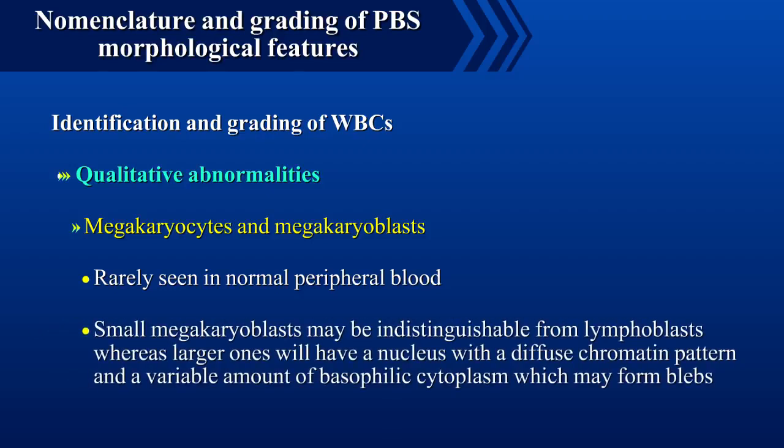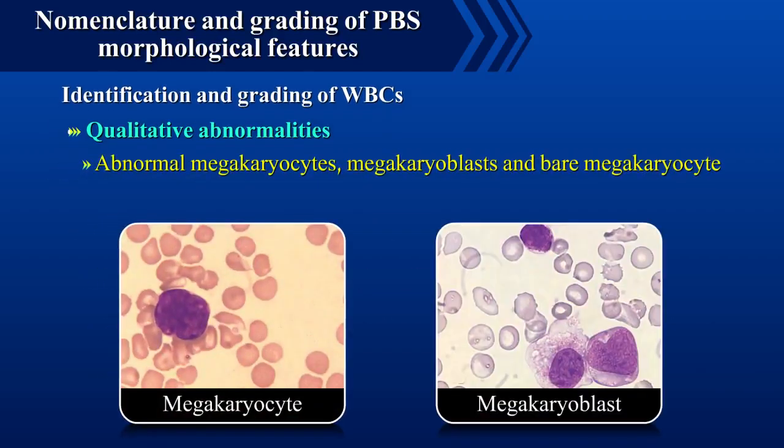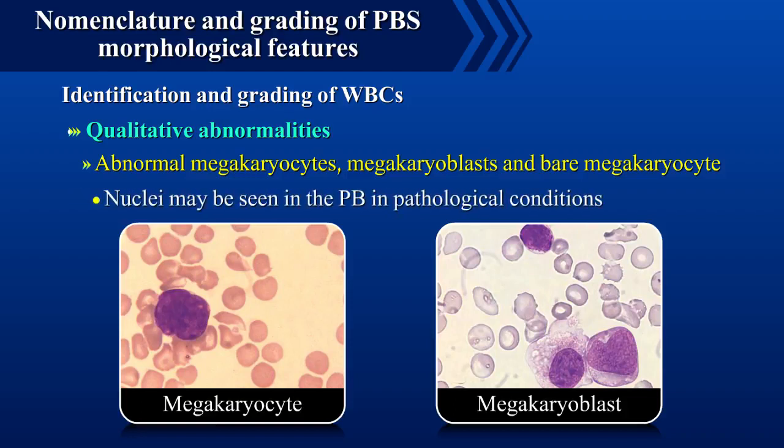Small megakaryoblasts may be indistinguishable from lymphoblasts, whereas larger ones will have a nucleus with a diffuse chromatin pattern and a variable amount of basophilic cytoplasm, which may form blebs. Abnormal megakaryocytes, megakaryoblasts, and bare megakaryocyte nuclei may be seen in the peripheral blood in pathological conditions.